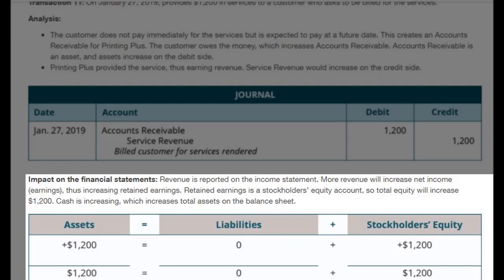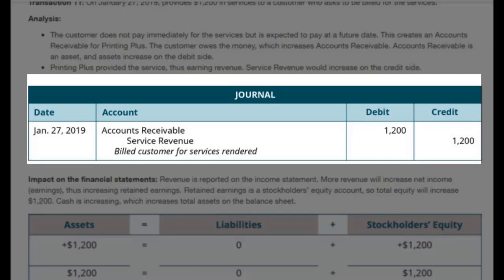No. If an asset goes up by $1,200 and a liability does not change, then assets minus liabilities, or value, also goes up by $1,200. And when that happens, the increase in value is called revenue.